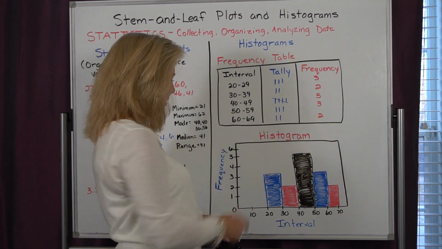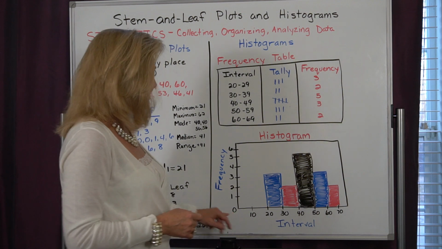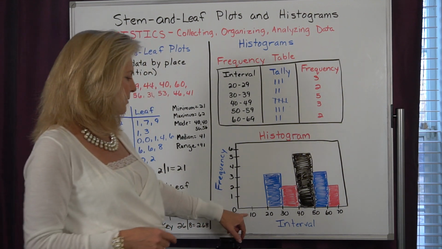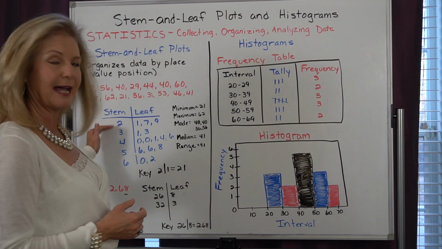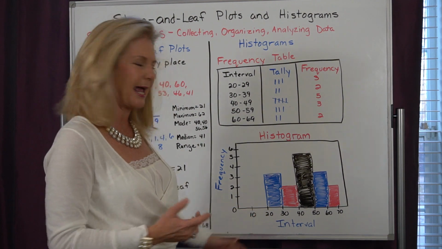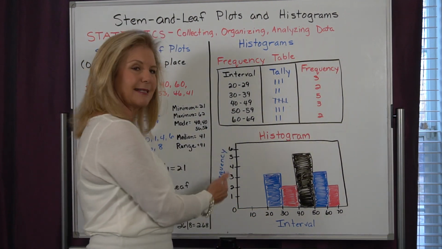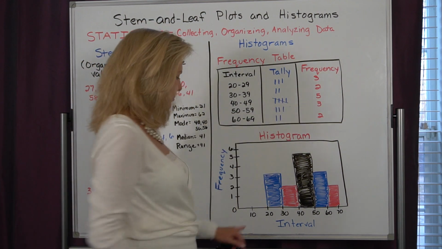So if I have my 20 to 29, I went up on an interval by tens. Well, remember, I had no numbers from 0 to 10. I had no numbers from 10 to 20. My data set started at 20. And so how many pieces of data did I have at 20? Well, that's this side, that's the frequency. It's how many times did it happen? Well, it happened 3 times.